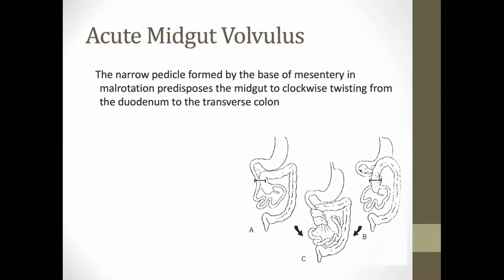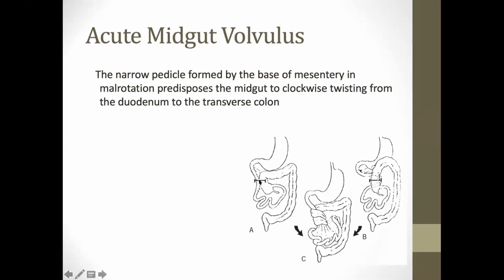The most important and most emergent presentation is acute midgut volvulus. The narrow pedicle formed by the base of the mesentery in malrotation predisposes the midgut to clockwise twisting from the duodenum to the transverse colon.